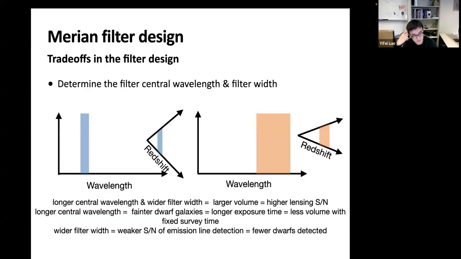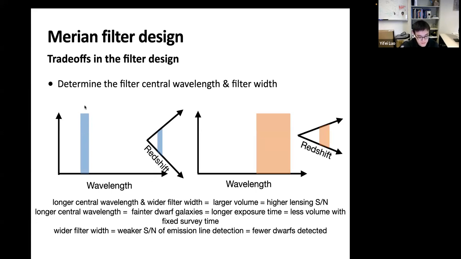The basic idea to design the Merian filter set is a trade-off between the filter central wavelength and filter width. For lensing, basically we can detect those dwarf galaxies or emission lines. Think about an emission line located within the filter transmission curve in wavelength space.